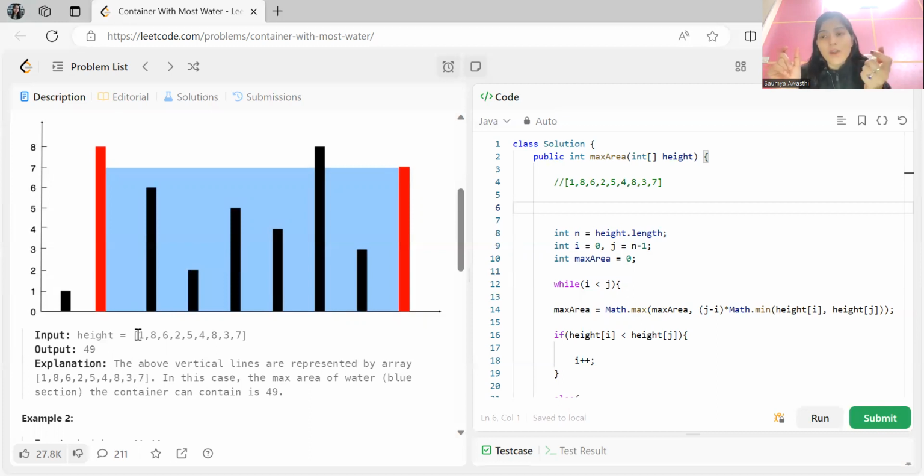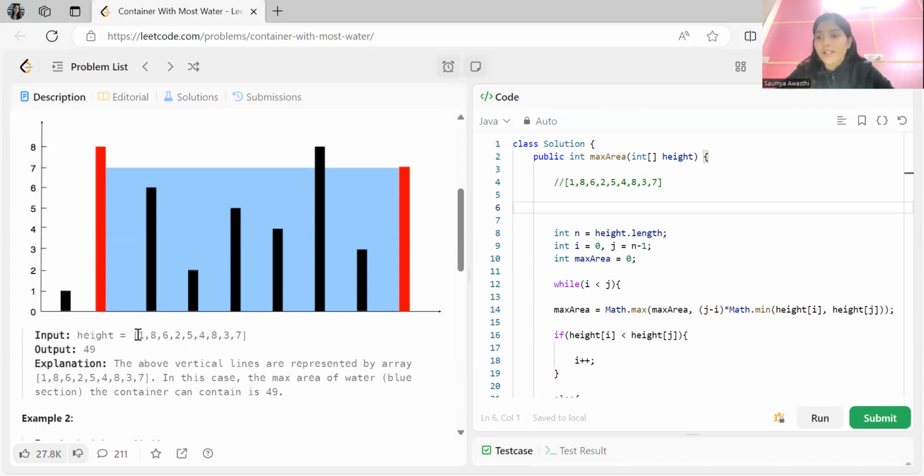So if height of i is less than height of j, just think in a greedy manner, which pointer are you going to move? Obviously we are going to move i, because there could be a possibility that if we move ahead in the right direction, we can get a particular line with a greater height, because anyhow when you are moving, you are decreasing the width.